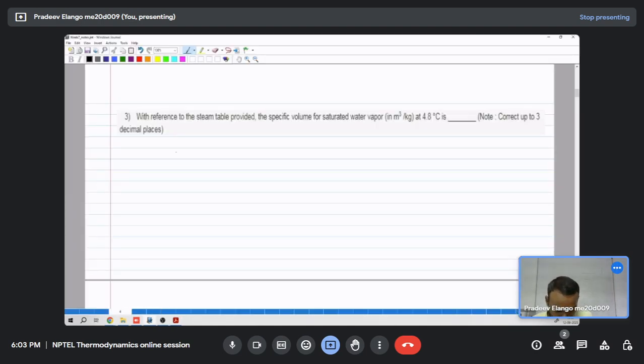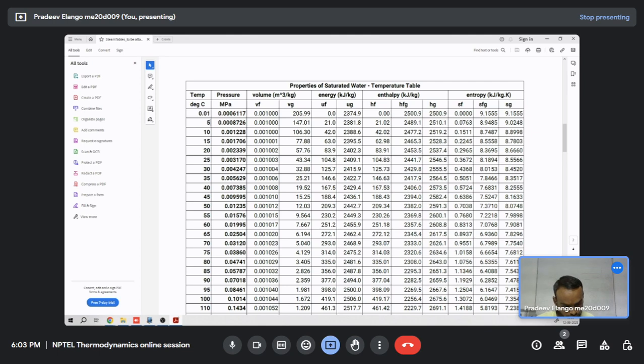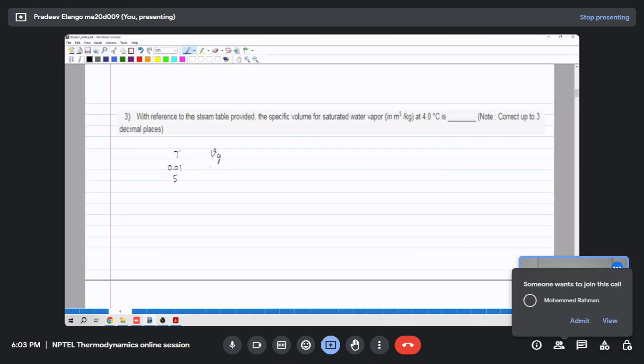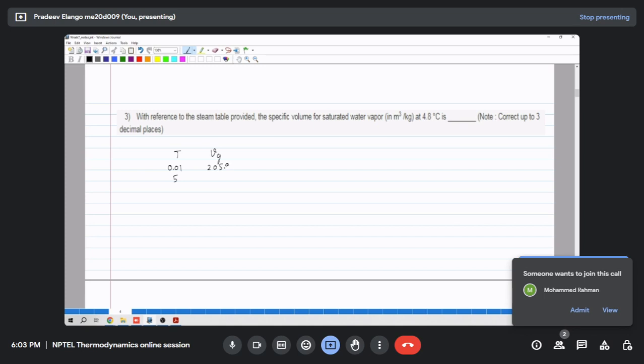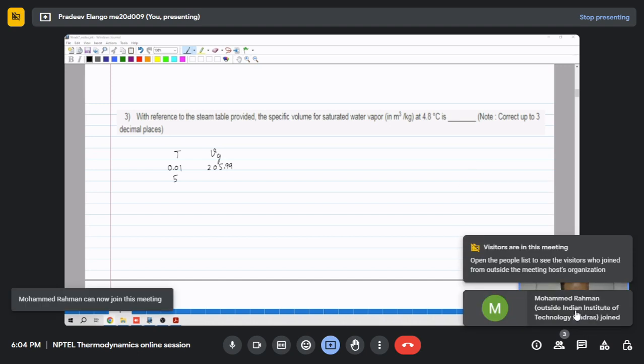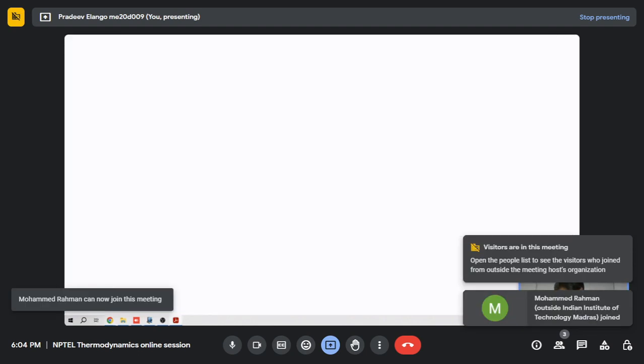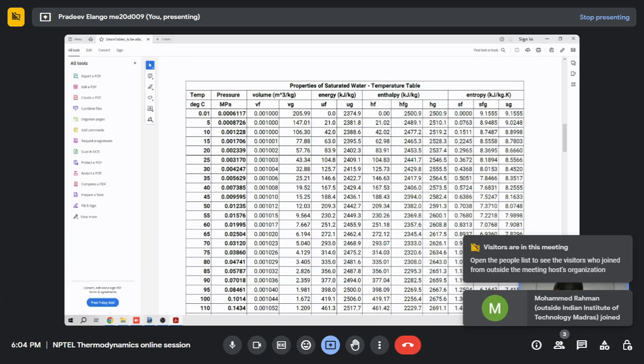So I would note down for temperature 0.01 and 5 the specific volume of the saturated vapor, that is Vg. That is this value and this value: 205.99 and next one is 147.01.